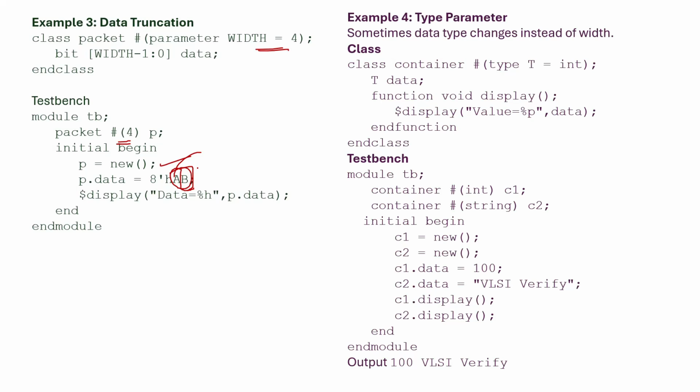Here, type parameter. Type parameter means data type. What is the data type I'm utilizing? You are utilizing the integer data type or bit data type. Whatever the data type you are utilizing, based on that, it appears on the output side.